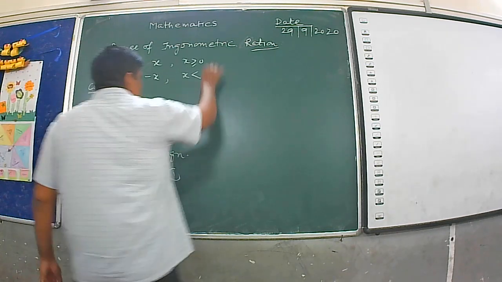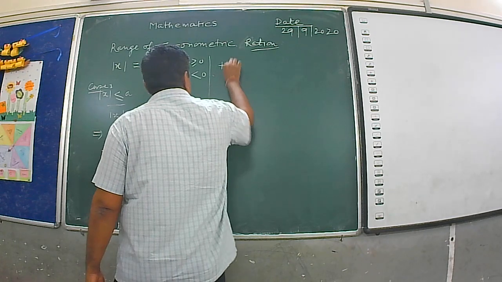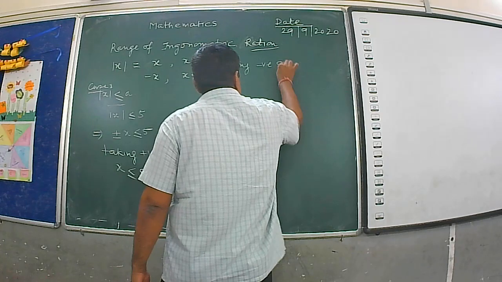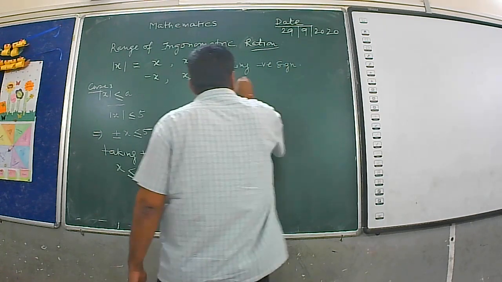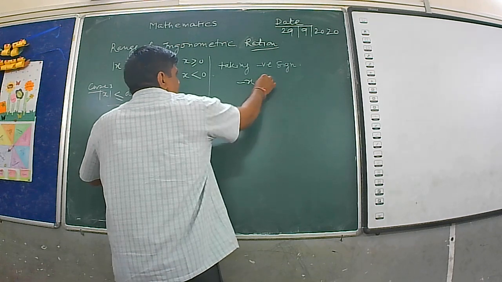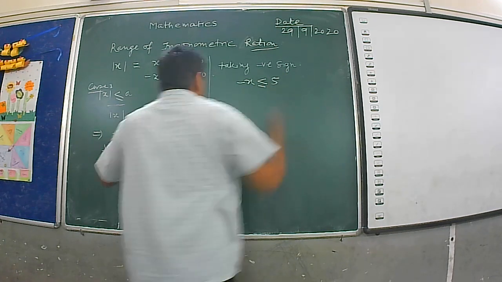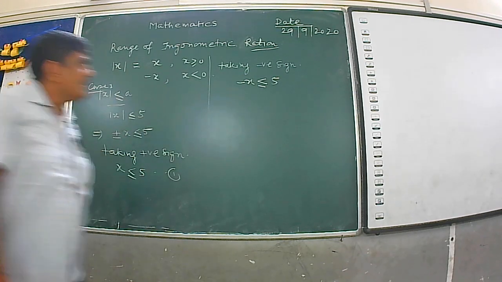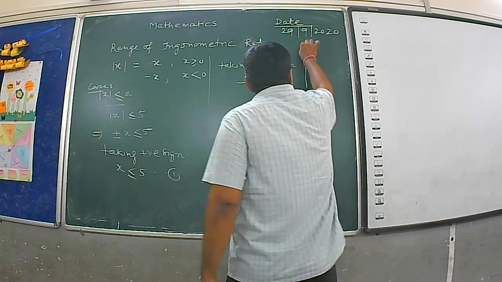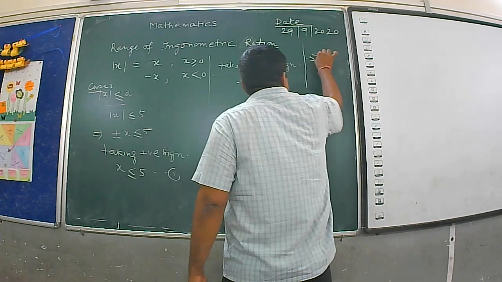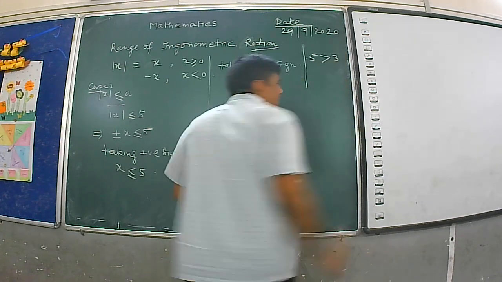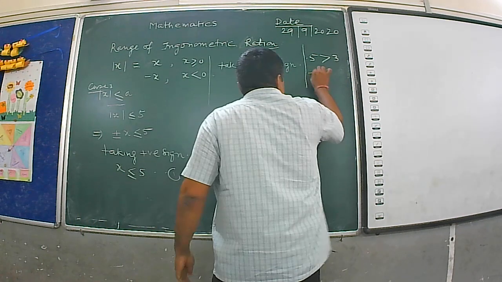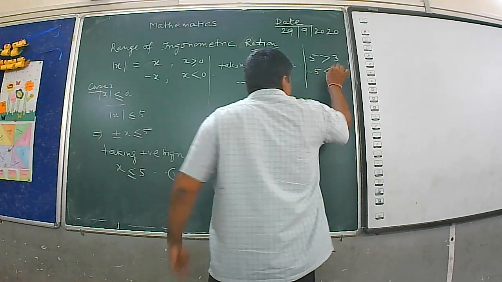Now taking the negative sign, minus x is less than or equal to 5. To see this, if 5 is greater than 3 and we multiply by a minus sign, then minus 5 is less than minus 3.